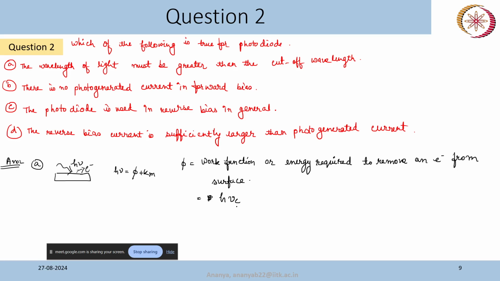So this is the cutoff frequency, the minimum frequency that is required, so that if a photon has a frequency of nu c, then only it can remove an electron from the surface. So h nu c we can write as h c by lambda c. So this is the cutoff wavelength, right?